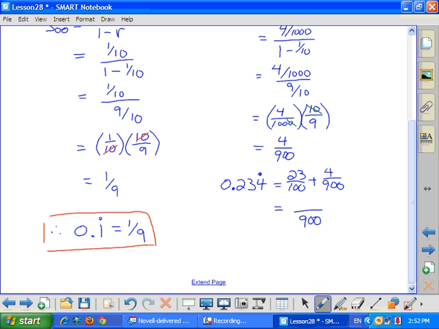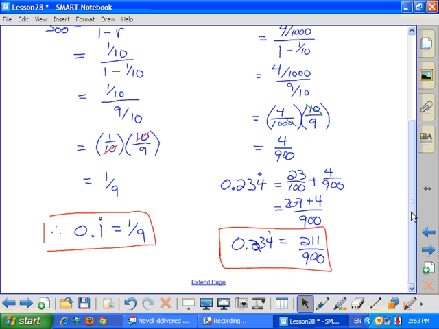So multiply the 23 by 9, so you get 207, I think, plus 4. So you'd end up with 211 divided by 900 is your answer. So there you go. So 0.23 with the 4 repeated is equal to 211 over 900.